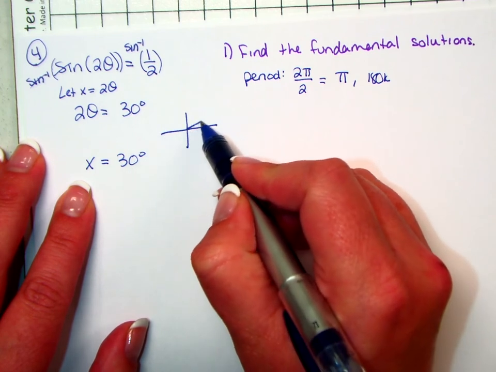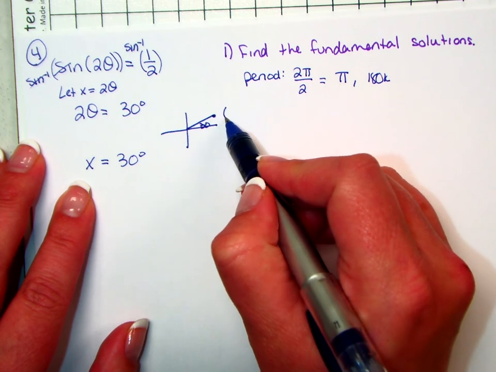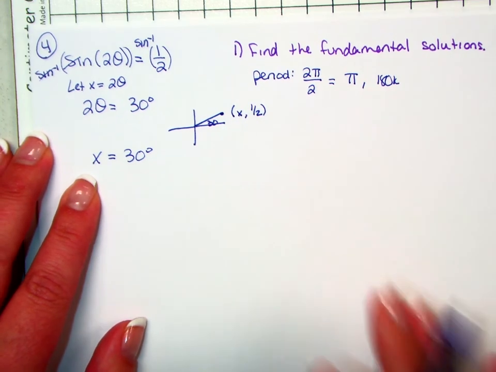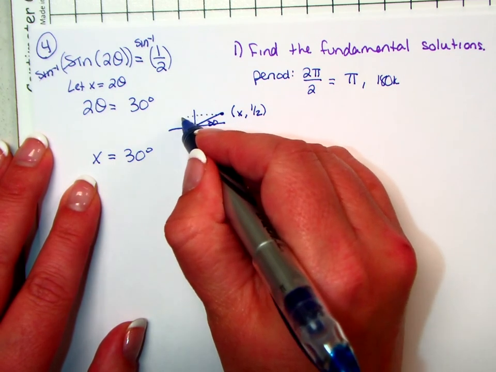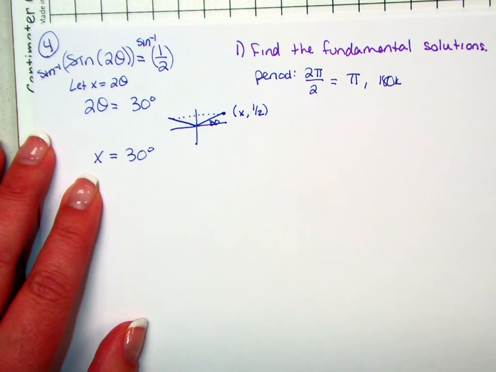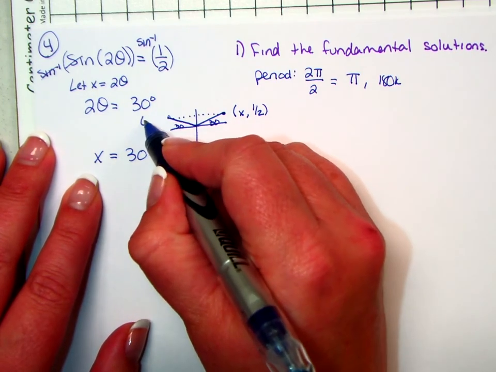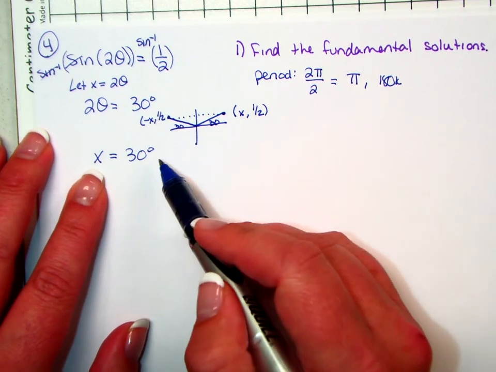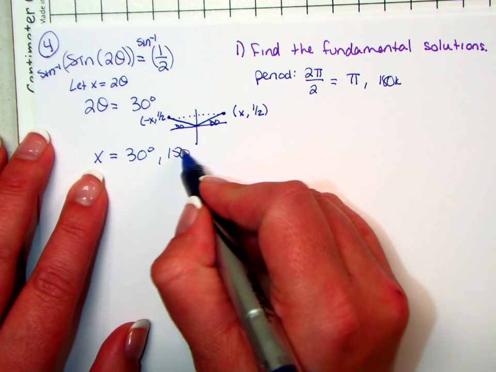So 30 degrees is here, okay? And we have an x value and a 1/2 value. So where else is the sine equal to 1/2, right? The y value is the same over here on the other side of the y-axis with a reference angle of 30. This is going to be the point (-x, 1/2), just like it was before, right? So x has 2 fundamental solutions, 30 and 150, all right?